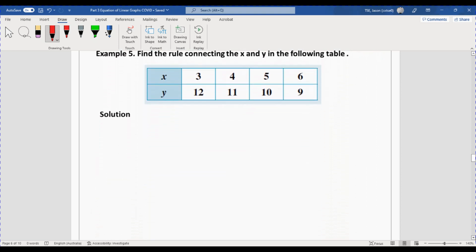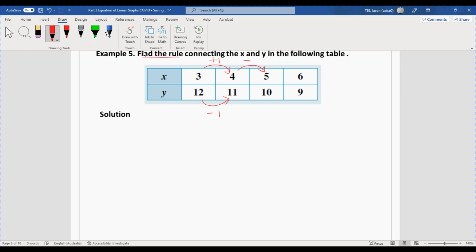Another challenge here. This time, again, another rule. Of course, we will expect this one as another linear rule, but we still need to check. Plus 1, minus 1, always be careful.